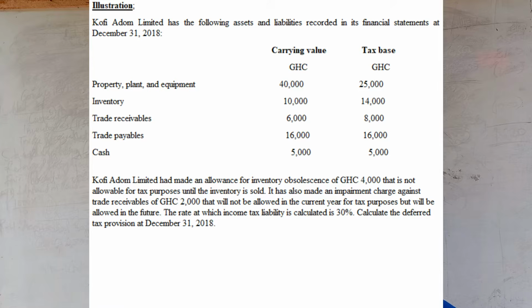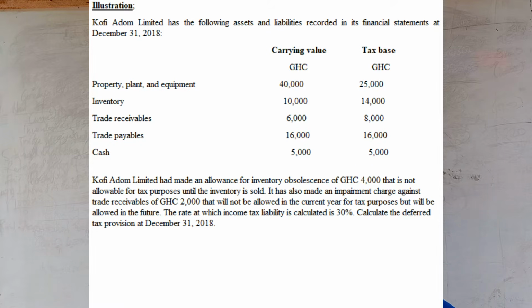Okay. Kofi Adom Limited has the following assets and liabilities recorded in its financial statement as at 31st December 2018. So we have property, plant, and equipment, each of them at their carrying value as well as their tax base. So PPE 40,000 for the carrying value, tax base is 25,000.